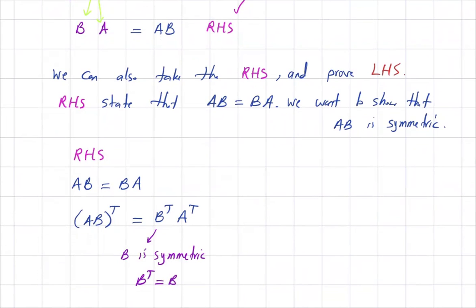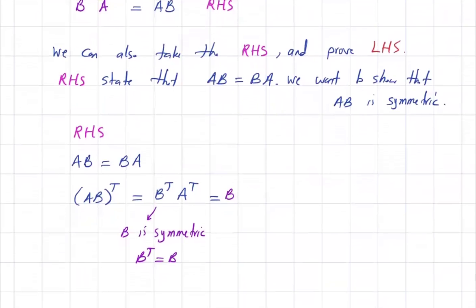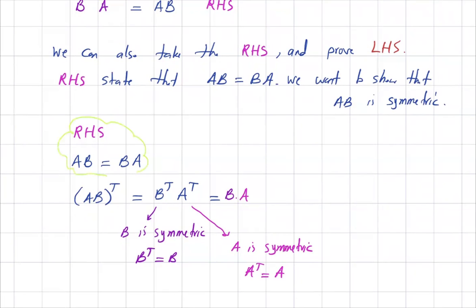So this guy is equal to B. And with the same argument, A is symmetric. It means that the transpose of A is equal to A. So it is multiplied by A. But because of the properties on the right-hand side that says AB is equal to BA, you can write this guy as A times B.